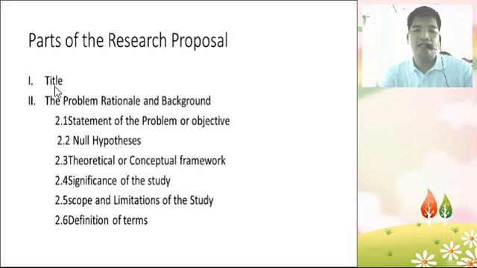The first one is the title. The second part is the problem, rationale, and background. Under this part, we have the statement of the problem or objectives, the null hypothesis, theoretical or conceptual framework, significance of the study, scope and limitations of the study, definition of terms.